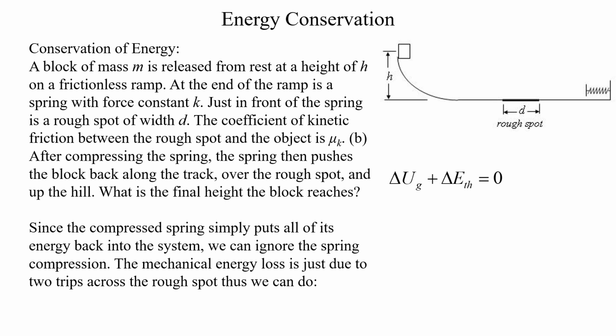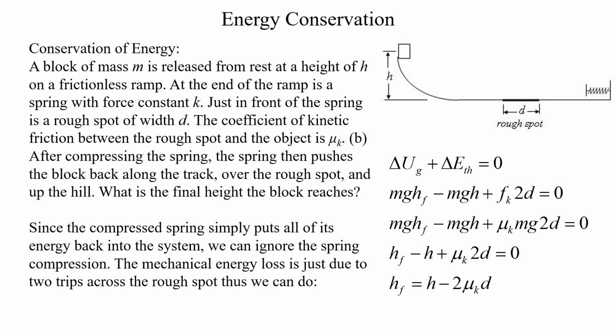We don't have to consider the spring at all because all the spring does is absorb some kinetic energy and then put it right back in the system. So the only changes in energy are the change in the gravitational potential energy and the increase in thermal energy because of 2 trips over the rough spot. We don't have to consider any kinetic energy or any spring potential energy.